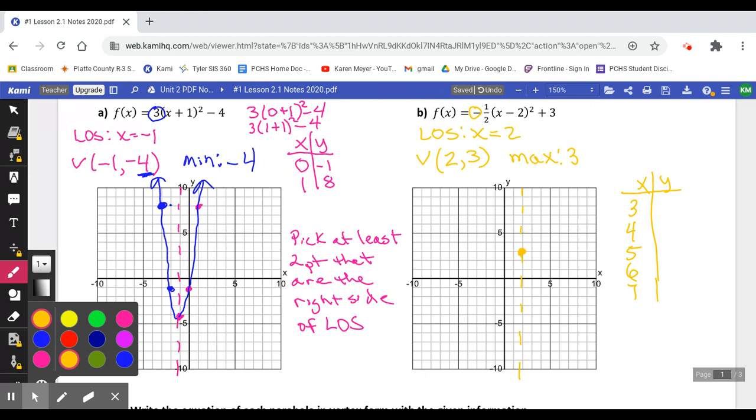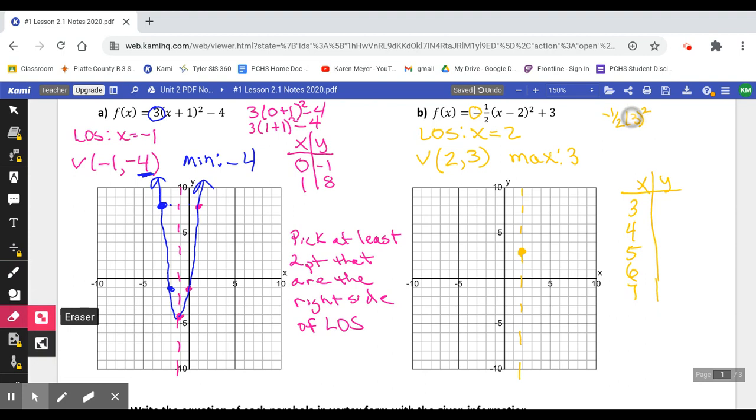So then I would go to my calculator and I would type in 1/2 times 3 squared. No, sorry. Let me erase that. So I would do 1/2 parentheses 3 minus 2 squared plus 3.